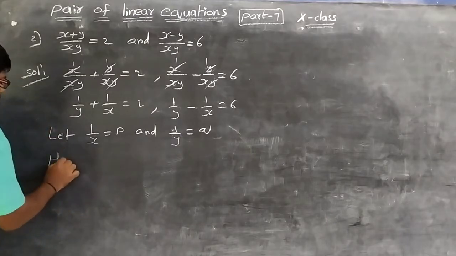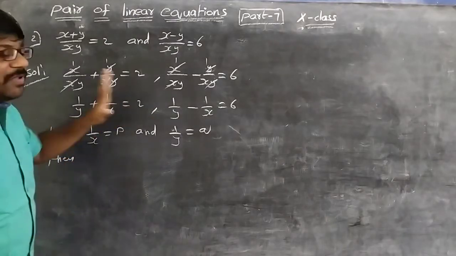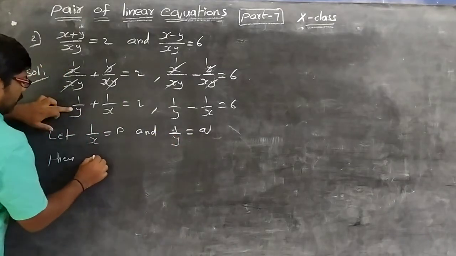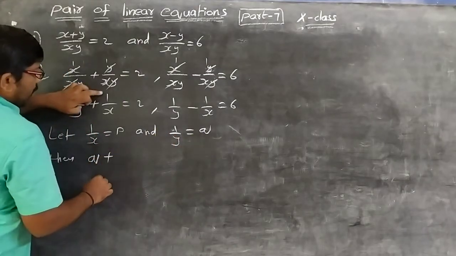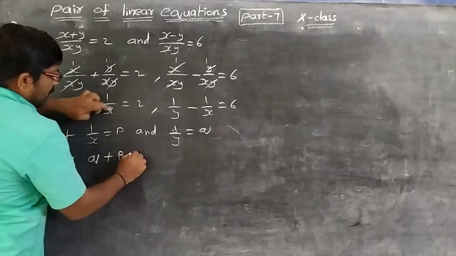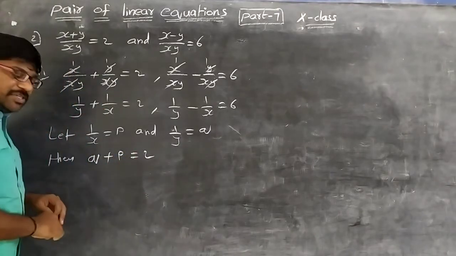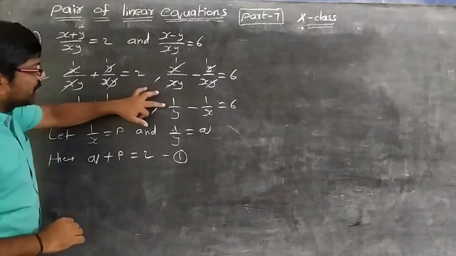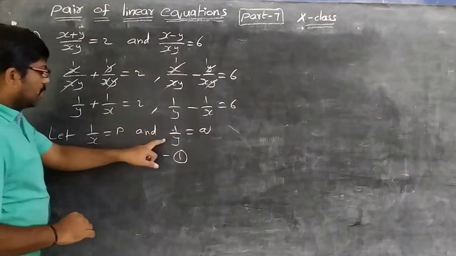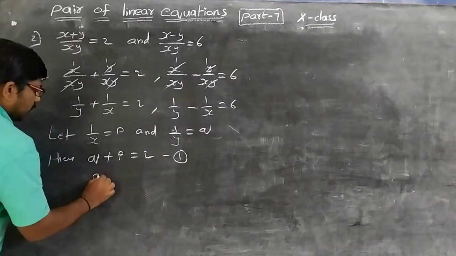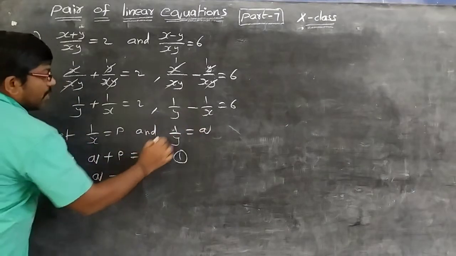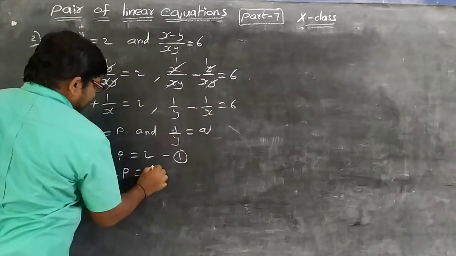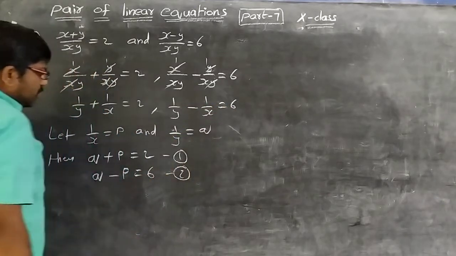Now the equations will become: 1 by y is q plus 1 by x is p is equal to 2, right? It is equation 1. Leave it. Next, second equation, 1 by y is q minus 1 by x is p is equal to 6. So it is equation 2.